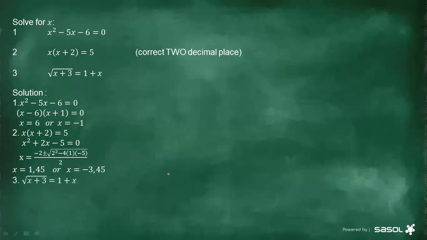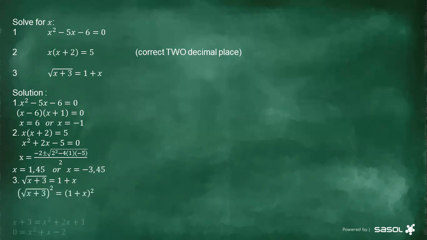The third question, we have this one: the square root of (x + 3) equals 1 + x. Now, if we are solving for the value of x and the x is inside the square root, the only way to solve for x is to get rid of that square root. And the only way to get rid of the square root is to square both sides. Let's square both sides.